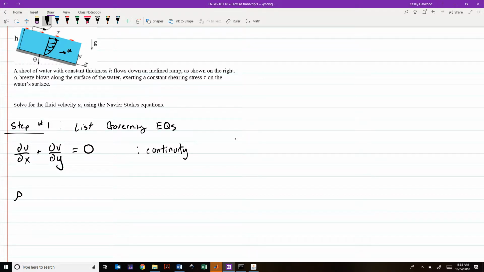Then we're going to write the Navier-Stokes equation for momentum in the x direction. We're dropping z entirely, like I said, and we're not going to end up needing y. u du dx plus v du dy is equal to negative dp dx plus rho g x plus mu times the second derivatives of u.